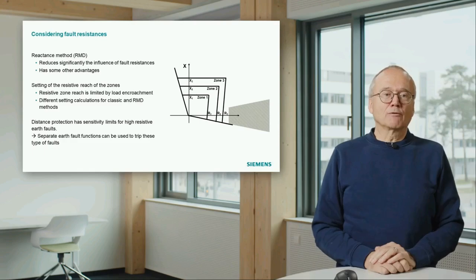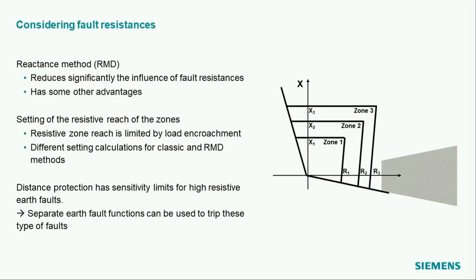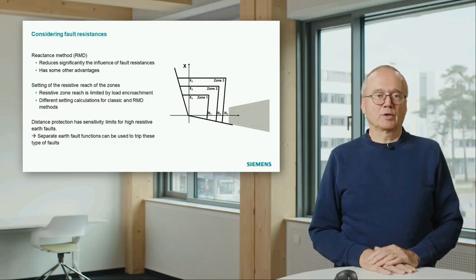This can be avoided by activating the reactance method in a distance relay. So it reduces this influence. Theoretically, it cannot reduce it to zero, but for practical applications, it's okay. And besides that, it also has some other advantages.